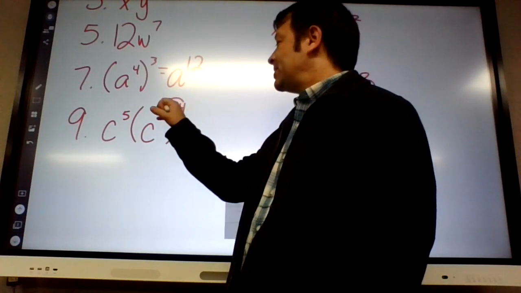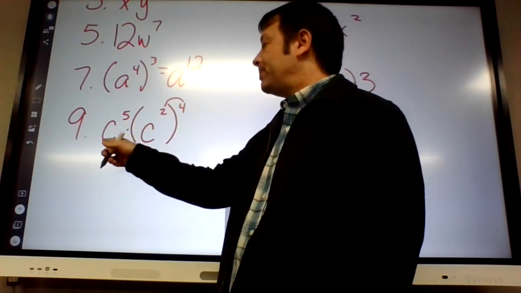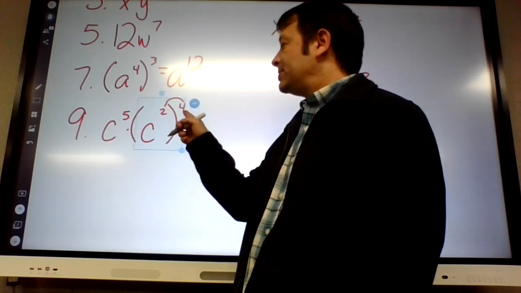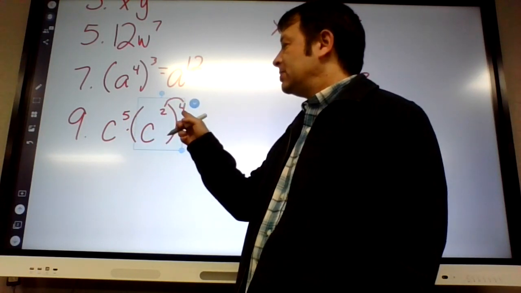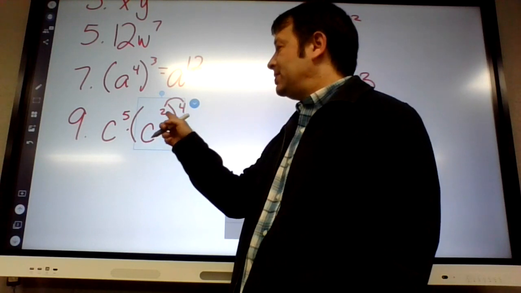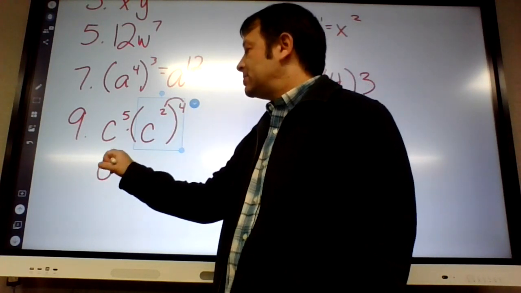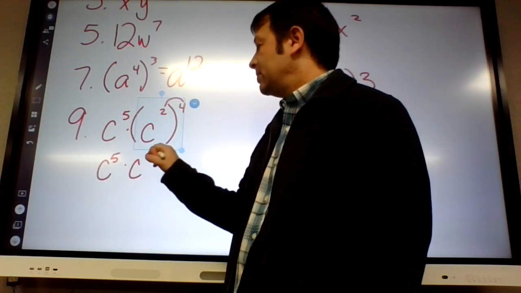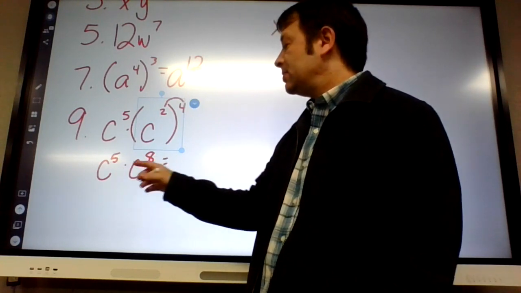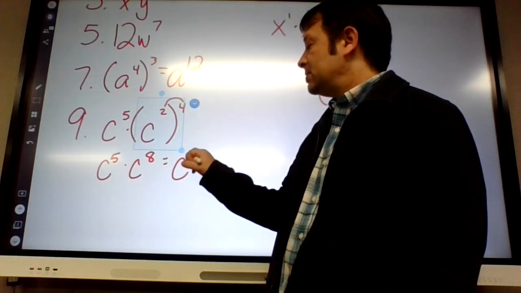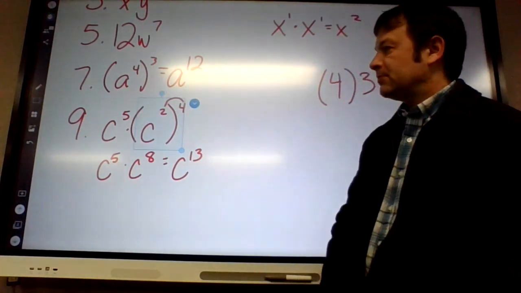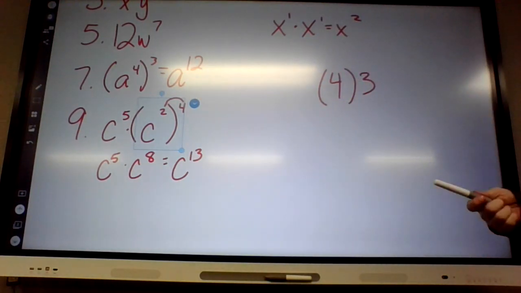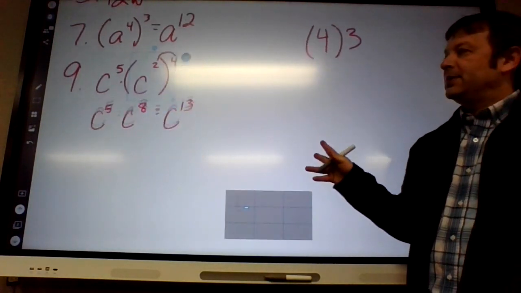So we do this exponent first before we multiply over here. So what do we do with these exponents? Right, so this is c to the 8. So we got c to the 8 times c to the 5th, c to the 13th. So we multiplied the 2 and 4 and added the 5.